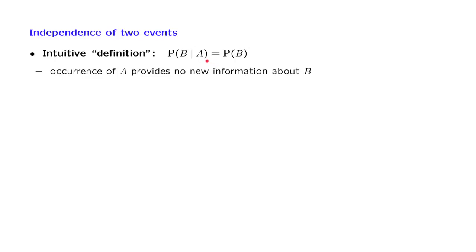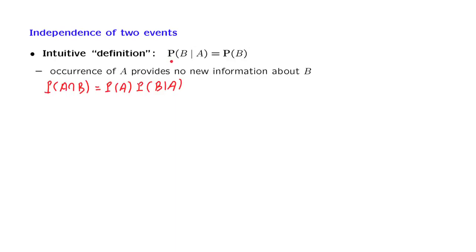If this is indeed the case, notice that the probability that both A and B occur, which is always equal by the multiplication rule to the probability of A times the conditional probability of B given A, is a relation that's always true.